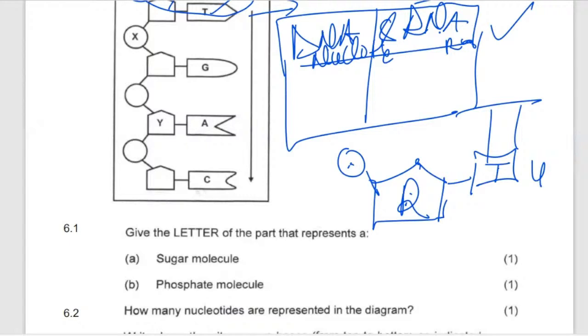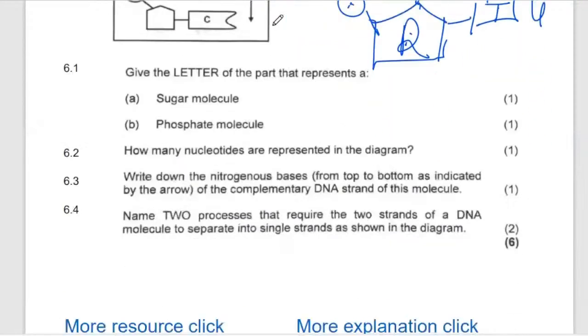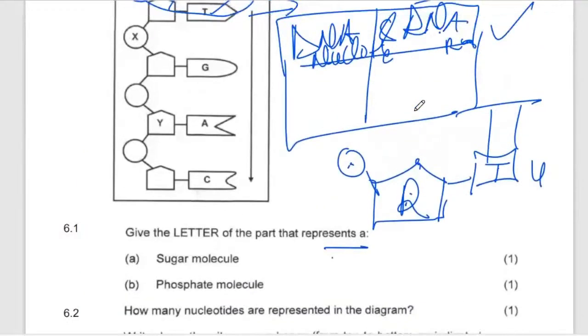If they ask you the difference between DNA replication and transcription, you have to know the differences. We're going to spend a few minutes here. I'm only going to focus on the things which you fail. In DNA replication, 2 strands act as a template.